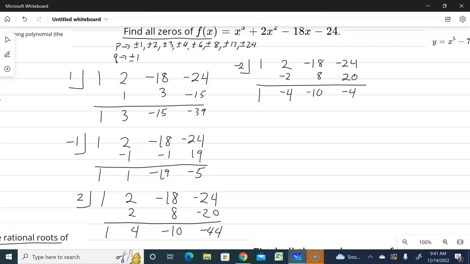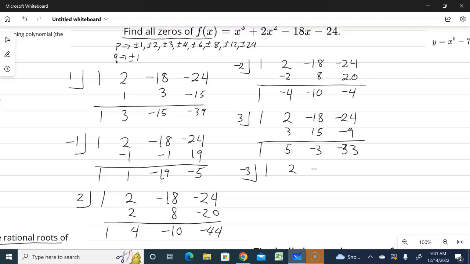I'm on to 3, let's hope 3 works. One, 3, 5, 15, negative 3, negative 9, negative 33. We have to have 0 there, so let's try negative 3.